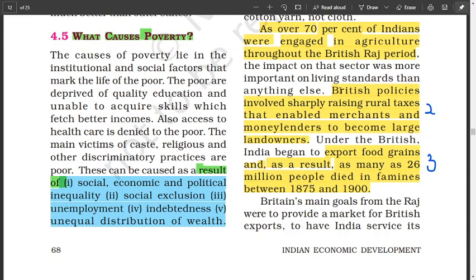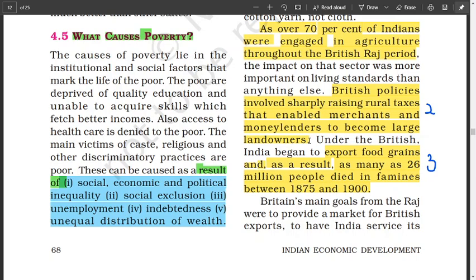But British policies involved sharply raising rural taxes on agriculture that enabled merchants and moneylenders to become large landowners. So you understand, even though Indians were able to own land then, because of the policies they were becoming landless, and merchants, middlemen and moneylenders became prominent and richer.